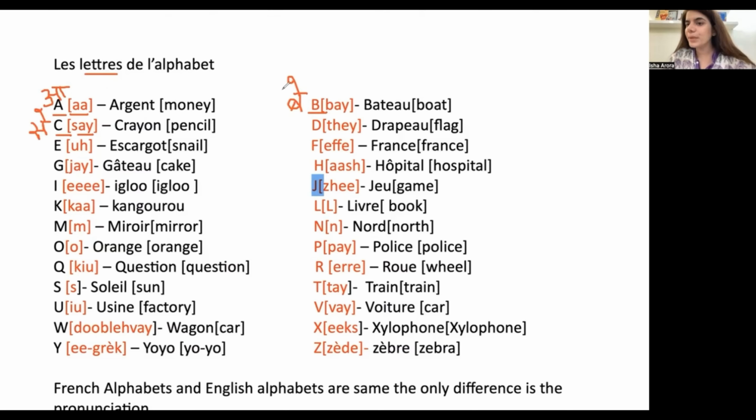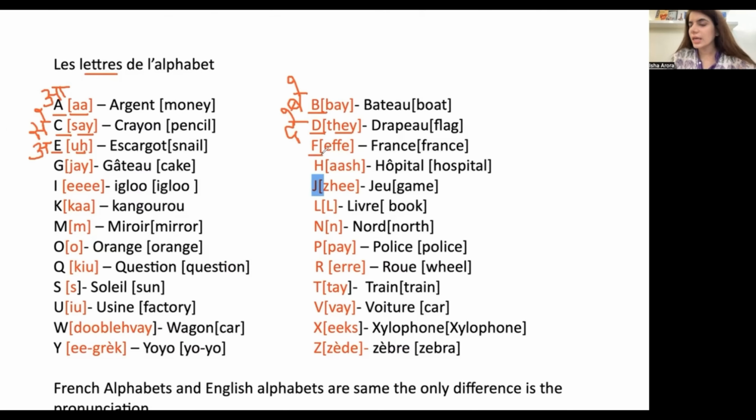A, B, C. Now let's do D, which is known as D, D, D. E is known as E, E, E.